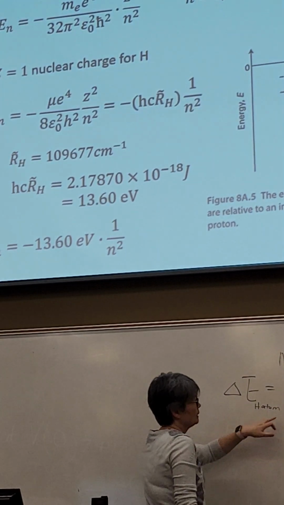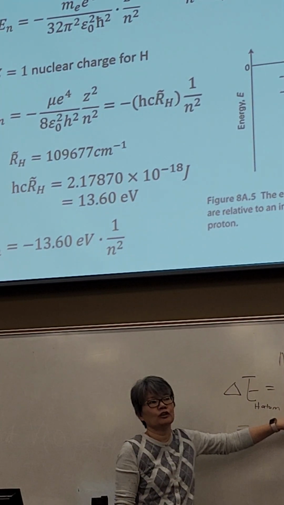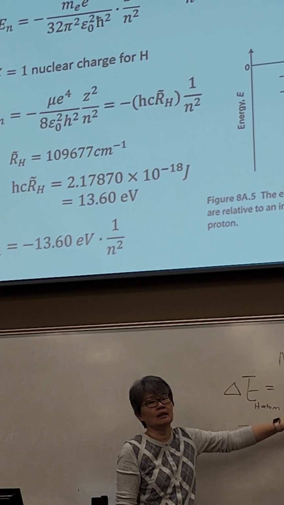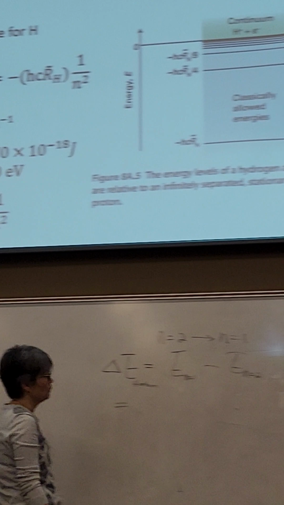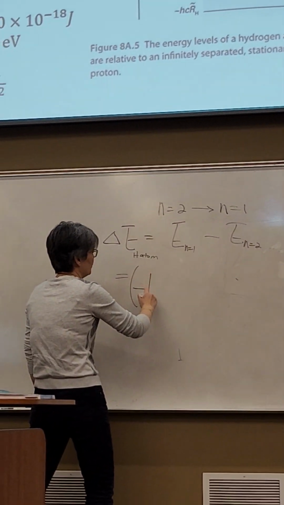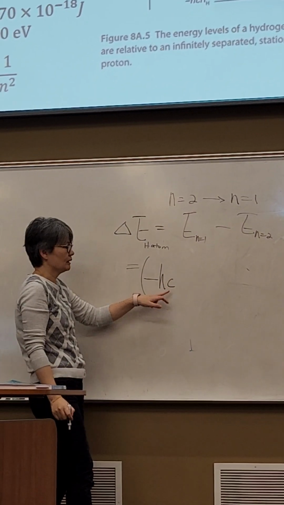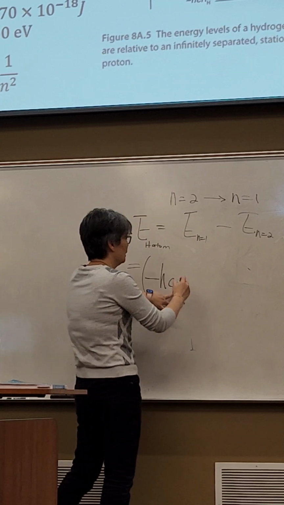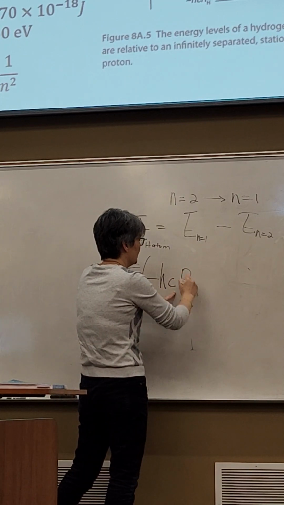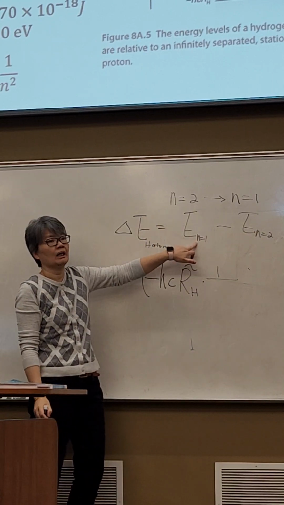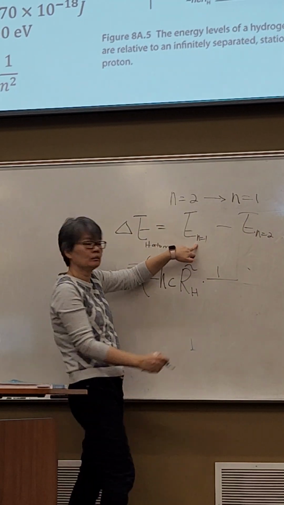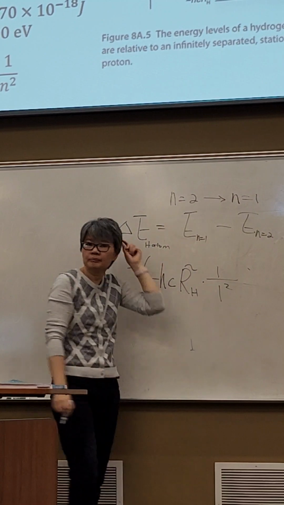The first term refers to the electron in the ground state, which means n equals 1, so I have negative h, c, the Rydberg constant, times 1 over n squared, with n equal to 1 squared.